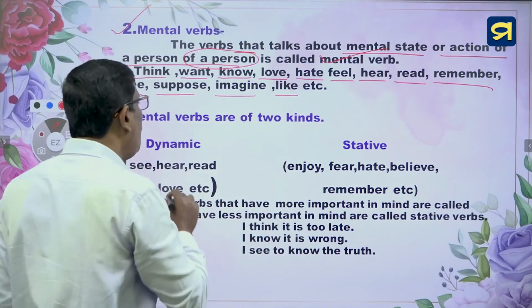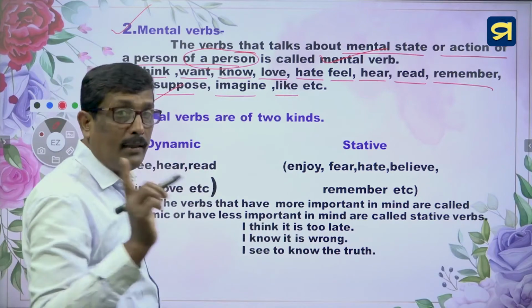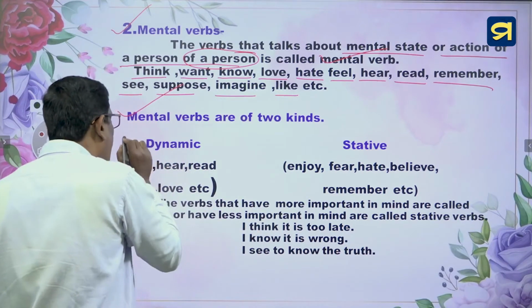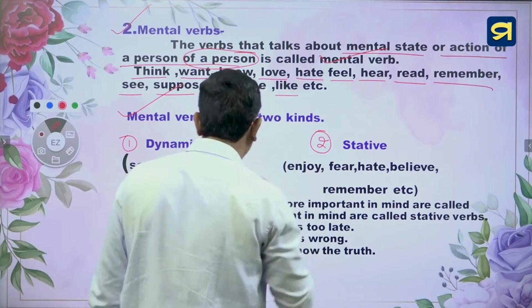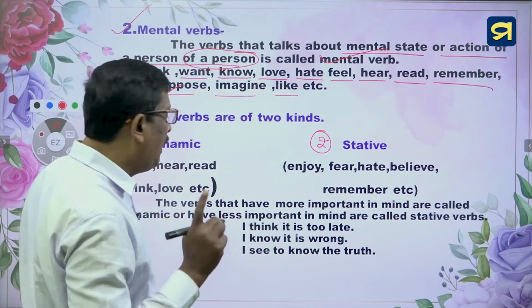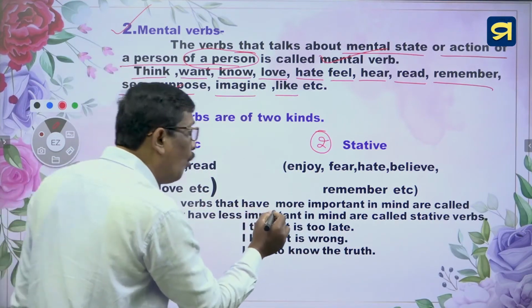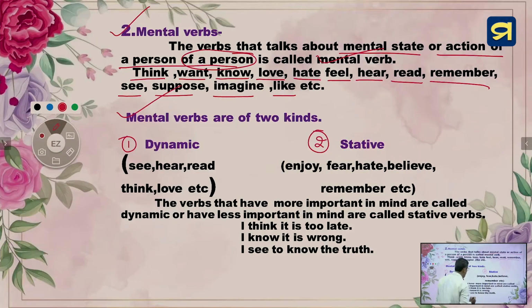But mental verbs are of two kinds. What are they? Number one is dynamic verb. Number two is static verb. What is a dynamic verb? The verbs that have more importance in mind are called dynamic, and those with less importance in the mind are called static verbs. So see, hear, read, think, love, these are examples of dynamic verbs.